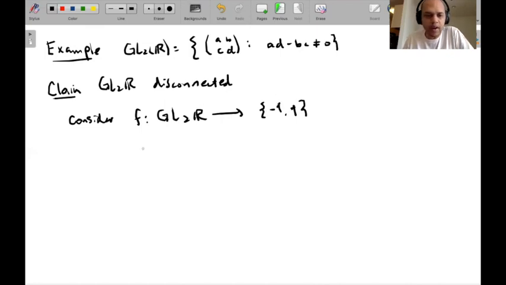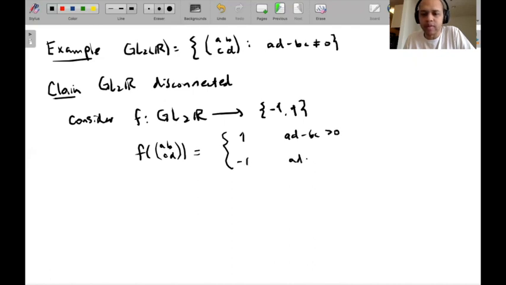And the way it's going to be defined is f of some matrix A, maybe I just write the matrix here, A, B, C, D. It's 1 if AD minus BC is positive, and it's -1 if AD minus BC is negative. So this is continuous.